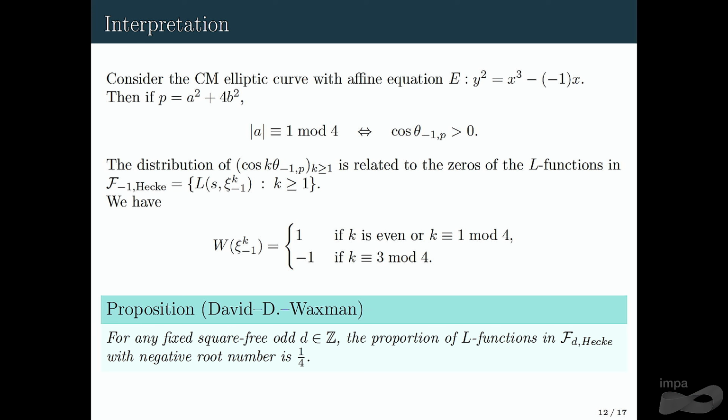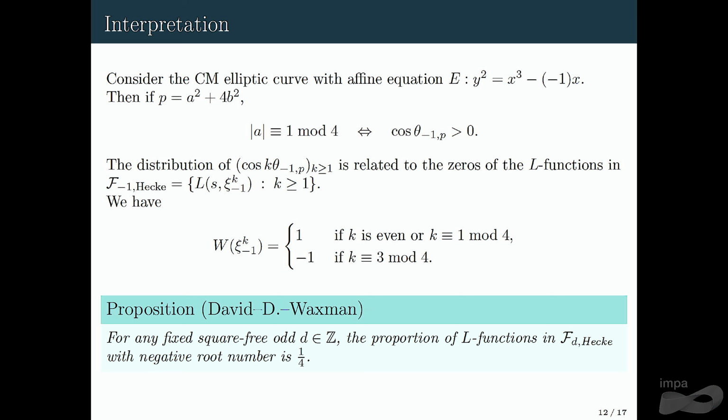And so in particular, I was interested in the vanishing at 1/2 for this L function, and I found out that, well, it is a bit weird, because I computed the sign of the functional equation for this L function, and I found that the sign of the functional equation is 1 if the power is even, or 1 modulo 4, and it's -1 if the power is 3 modulo 4.